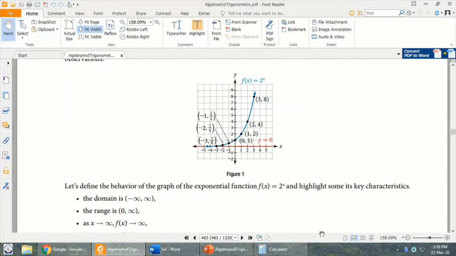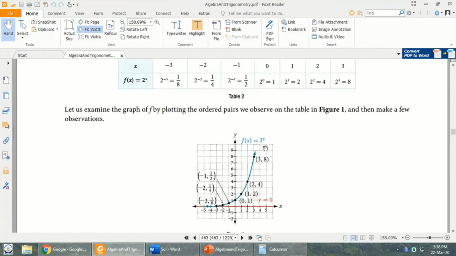So (0, 1) means that the initial x value is 0, and the y, or the vertical axis, can have 1. And for minus 3, 1 by 8 is going to be somewhere around 0.125.